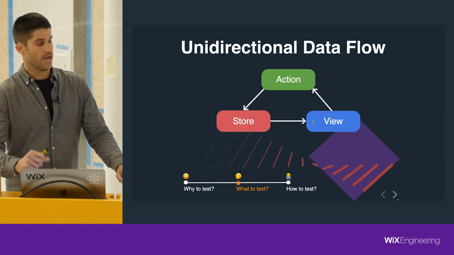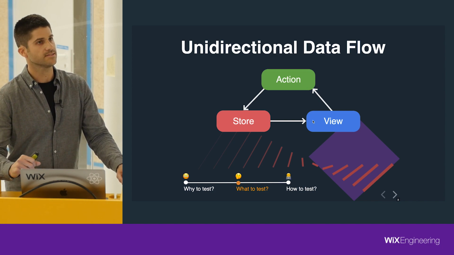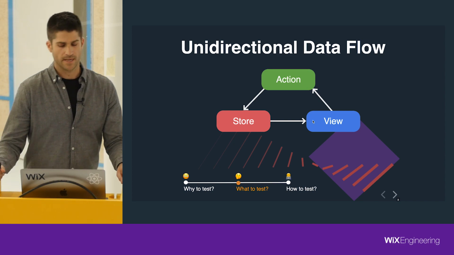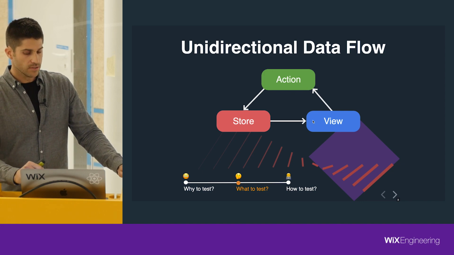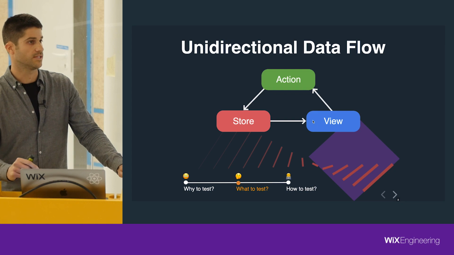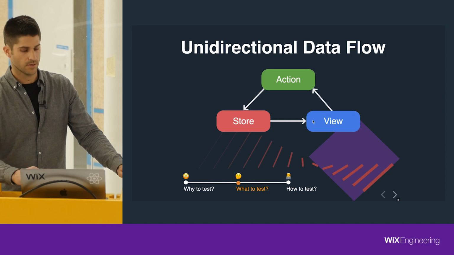When we write a React Native application, a React application, it kind of forces us to use a unidirectional data flow. Let's explain a little bit what is unidirectional data flow. So the user touched the screen. So the view got the touch, handled the touch. It called one of the actions.